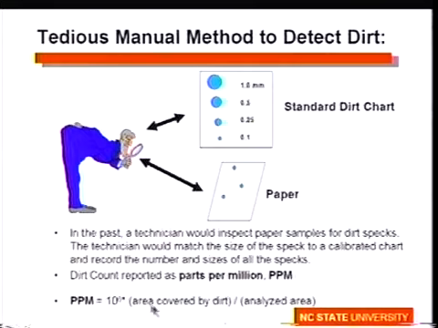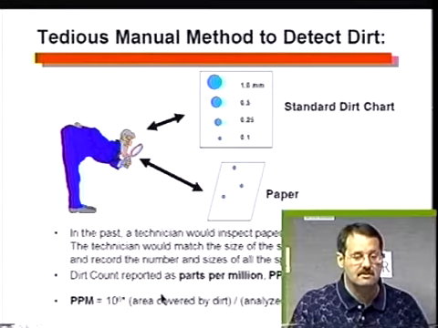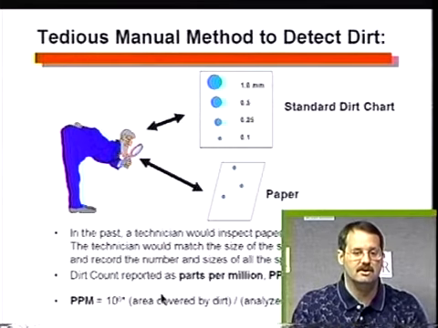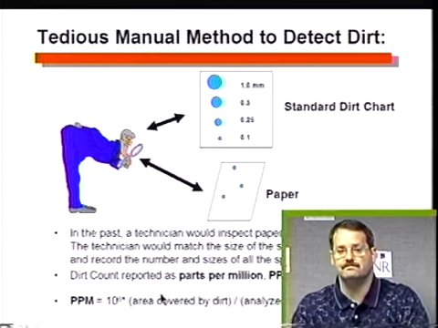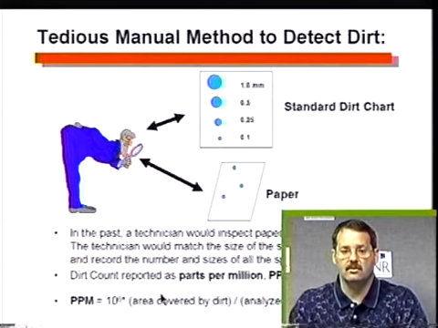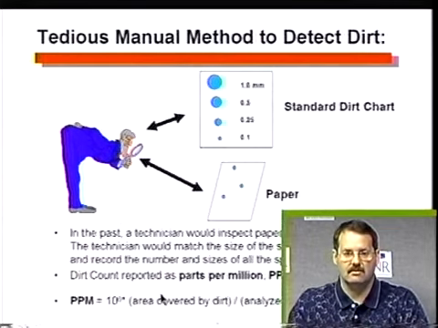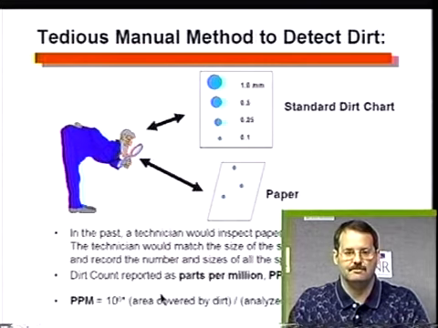So it's a fraction of area covered by dirt that we analyze. And it's usually a small fraction, and that's why we multiply it by 1 million. Rather than talk about numbers like 0.00047, we can multiply by 1 million and just talk about parts per million, understanding that the fraction has been multiplied by 1 million.